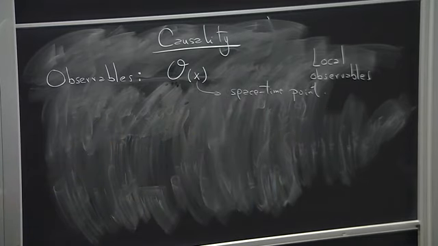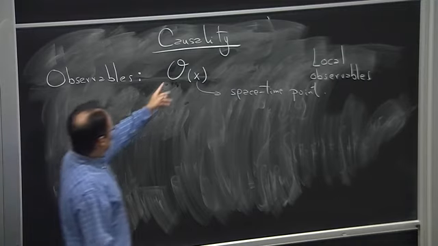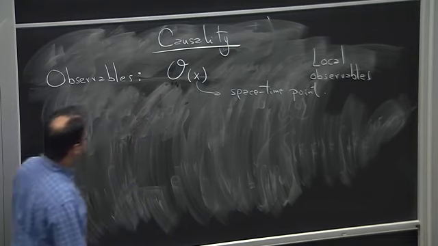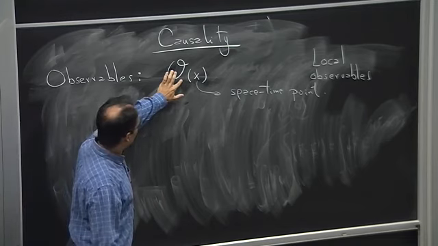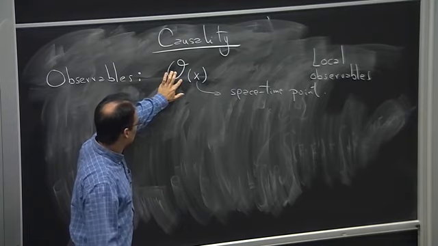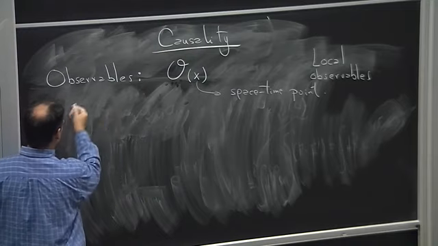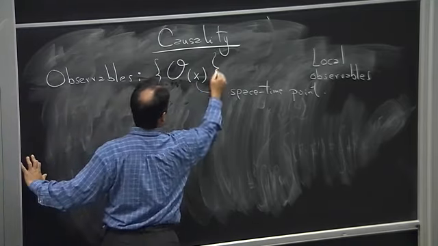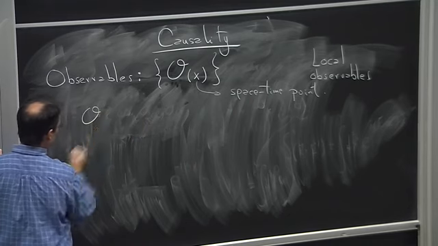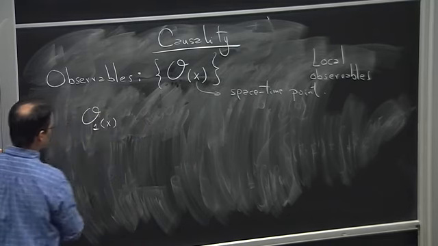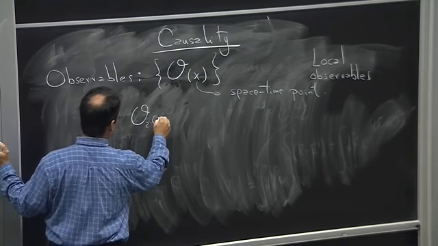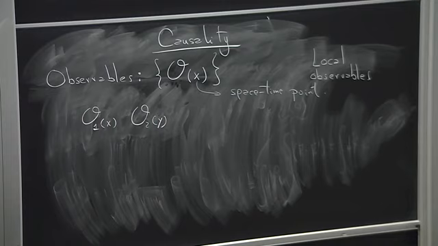So we have different sets of observables at each space-time point. That's what I mean by a local observable. Now, if this operator is an observable, and you have another one in the set, so you have two operators, let's call them O1 at X, and O2 at a different space-time point Y. What do you think is the requirement that our theory preserves causality?